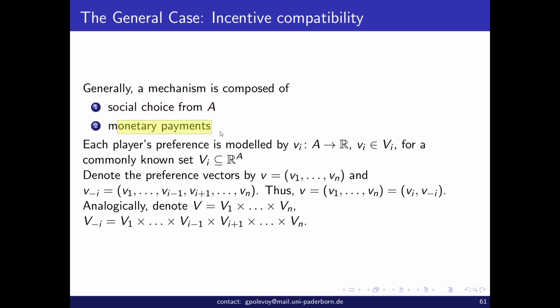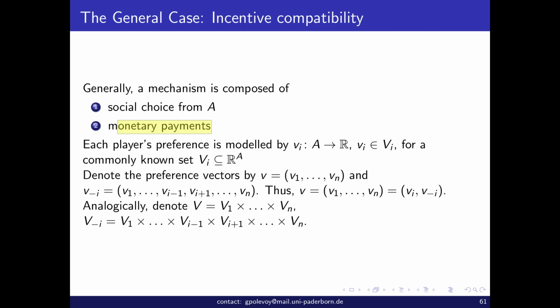We may choose the monetary payment that will eventually motivate them to tell you the truth, which will in turn enable you to make the choice which is optimal for the society. That's the general case. And this incentive compatibility means that it's compatible with the incentives to tell you the truth.